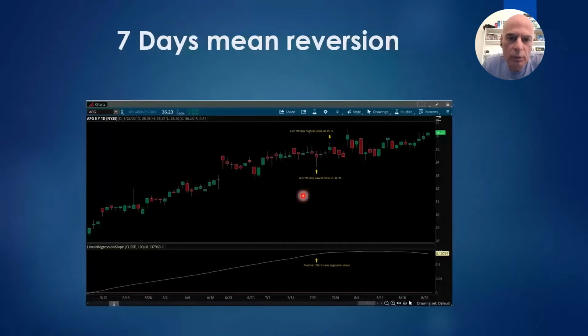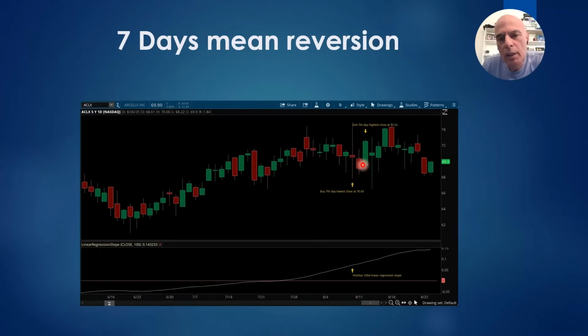This is another example. Just like the example before, we're seeing that this particular stretch has low volatility, and that's what we want.